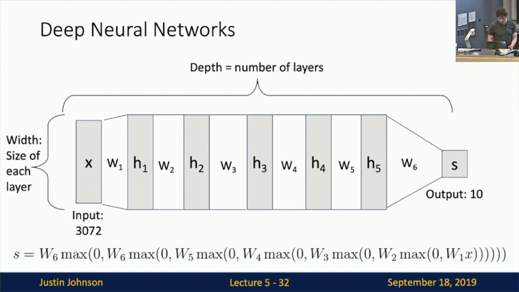This would be a 6-layer network because it has 6 learnable weight matrices. And then the width of the network would be the number of units or the dimension of each of those hidden representations. In practice, you could imagine that each layer might in principle have a different feature dimension, but in practice, it's more common to set the same width throughout every part of the network, just as a bit of convention.